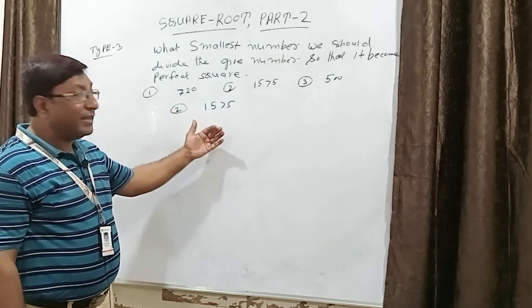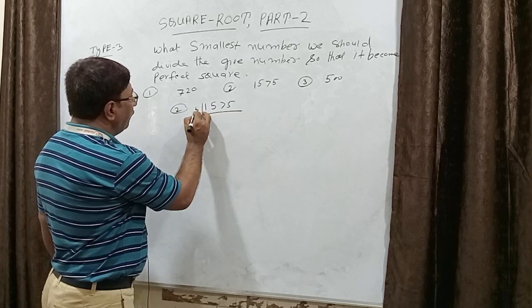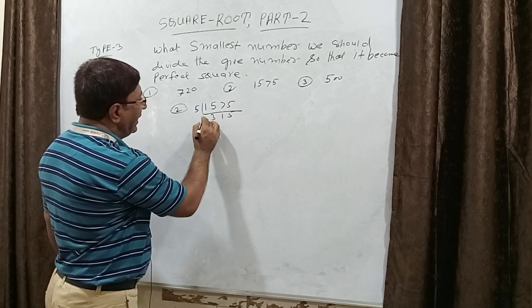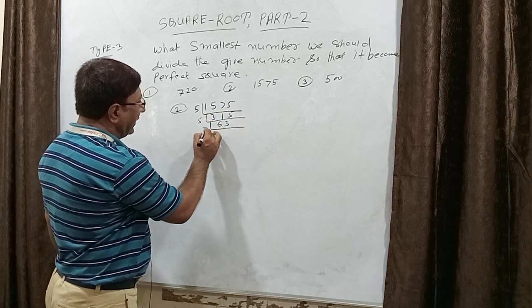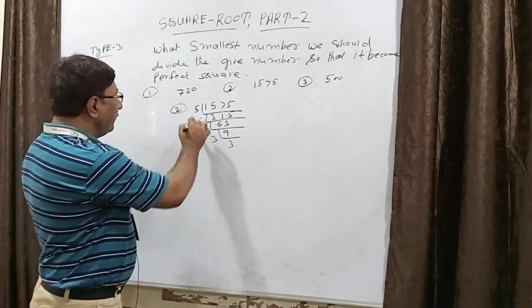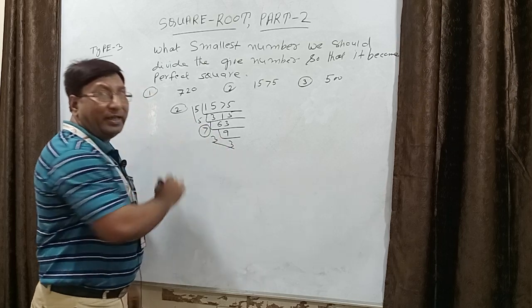So first you make the factors of this number. 5 3s are 15, 5 1s are 5. Again 5 6s are 30, 5 3s are 15. Again 7 9s are 63, 3 3s are 3. So here 5 two times, 3 two times, and 7 only one time.